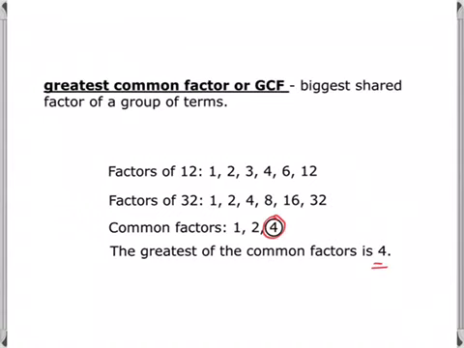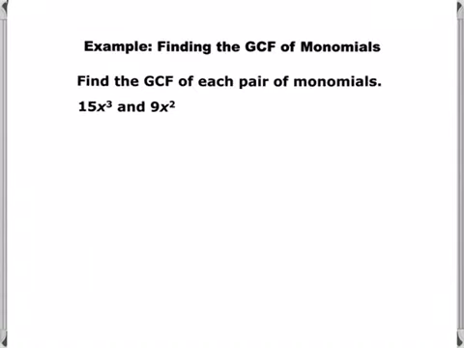We're going to use this information and apply it to factoring polynomials. So we want to find the GCF of each pair of monomials. So we want to think about the greatest common factor between 15 and 9. Well, what number goes into both 15 and 9? We can think about this by listing them out this time.